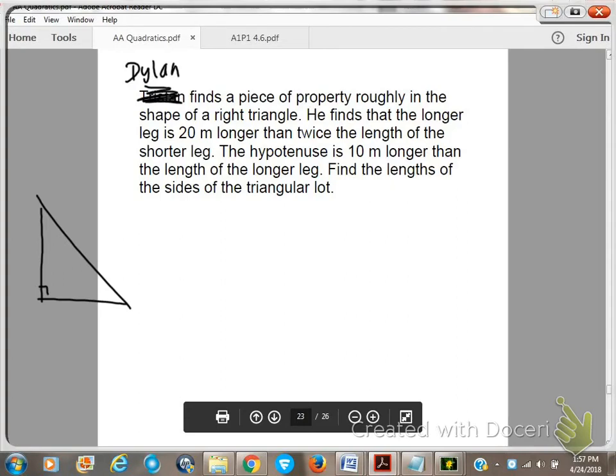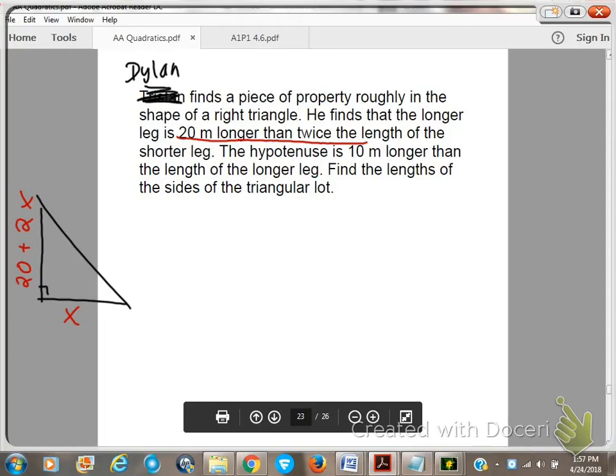Good. Right here where it says 20 longer than twice, means you have to take 20 plus 2x. Which means x goes where? On the bottom. The other one is 10 plus 20 plus 2x. Very good. Easton, are you okay that this is 20 plus 2x?